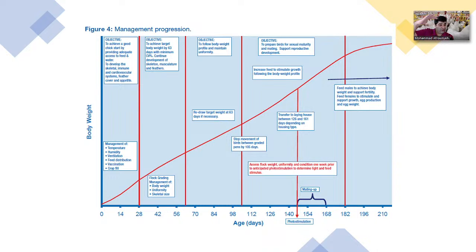As we increased the target body weight, although the feed intake increased and the cost went up, chick production also increased, so when we calculated the profit, that higher growth curve was the most profitable.